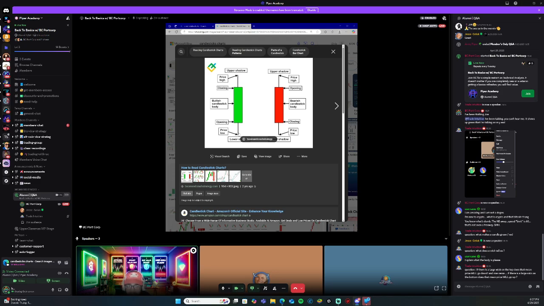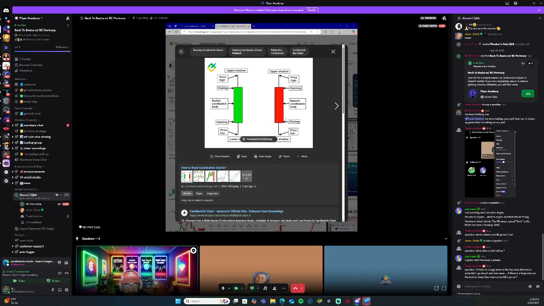Same for the bottom end. If you had a price movement going below the opening of that candle, then the bottom of the wick shows you the low price. For the opposite, if price opens higher and you end up closing lower, you typically get that red candle.